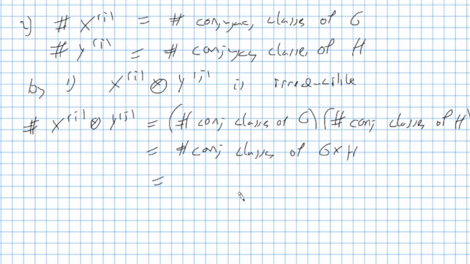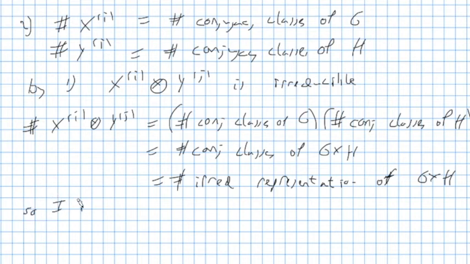And this number of conjugacy classes is counting the number of irreducible representations of G times H. So since these tensor products xi tensor yj are all irreducible, and their number is exactly the number of irreducible representations that I should have, then I have them all.